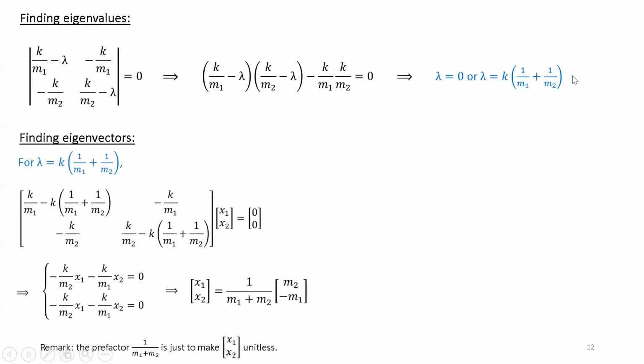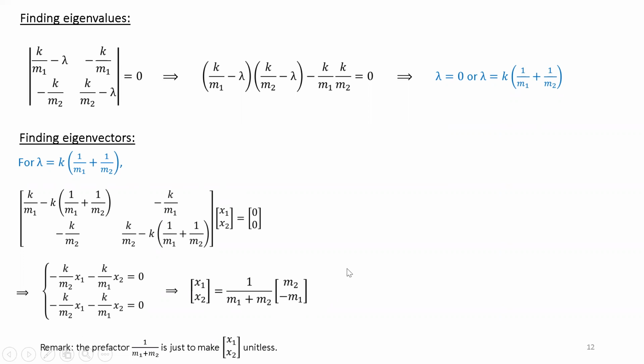For lambda equals non-zero first, I'm going to put this lambda back into the system and then find the non-trivial solution. You'll be able to find that this eigenvector can be written like this: M2 minus M1, and then I have this prefactor over here, 1 divided by M1 plus M2.